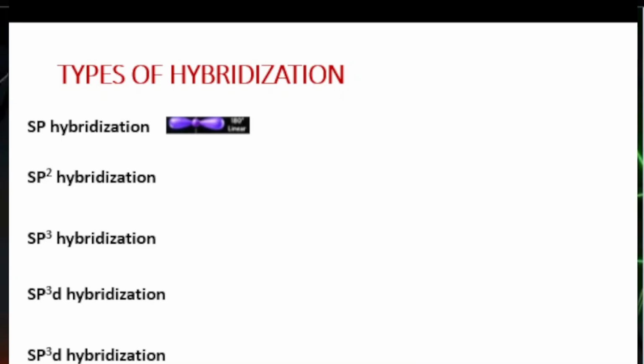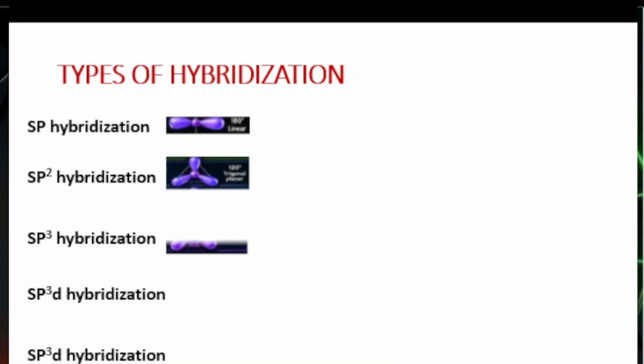sp3 hybridization is when one electron of the s orbital combines with three electrons of the p orbitals to form sp3 hybridized orbitals, and the process is sp3 hybridization.